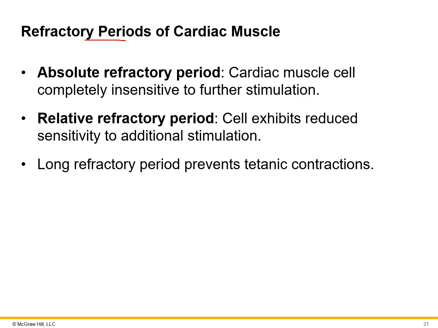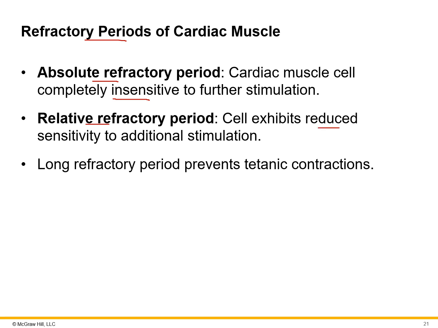So there are still some refractory periods. So absolute refractory. Again, this is where it's completely insensitive. So it doesn't matter that you keep stimulating it. So in that plateau phase, you can keep trying to depolarize it, but it's already depolarized. So that's in a refractory period, you can't stimulate it again. And then that relative refractory period, it's reduced sensitivity.